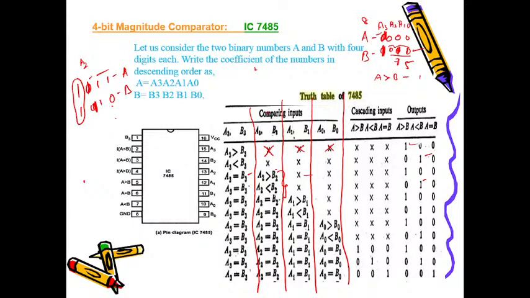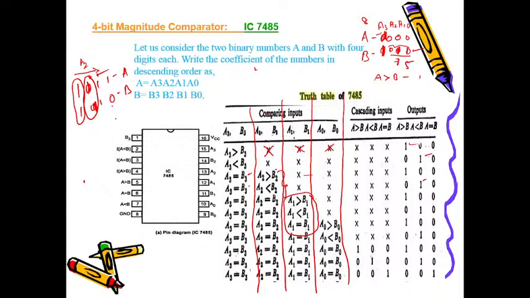Suppose even the second bit, A2, B2, is equal, then I will compare the third bit from the MSB, whether it is greater, equal or lesser. Here they have checked whether the third bit is lesser.